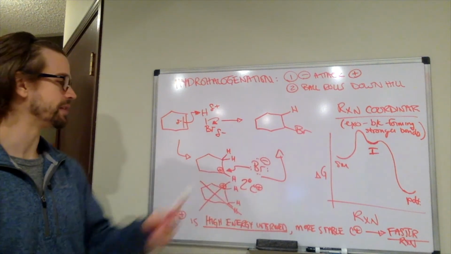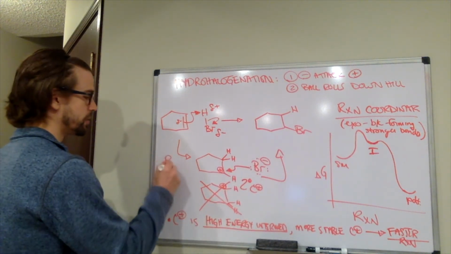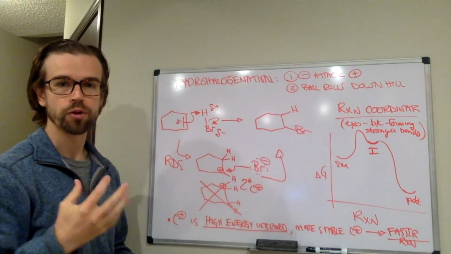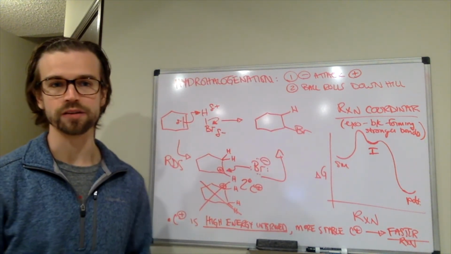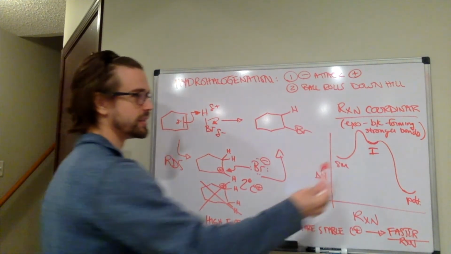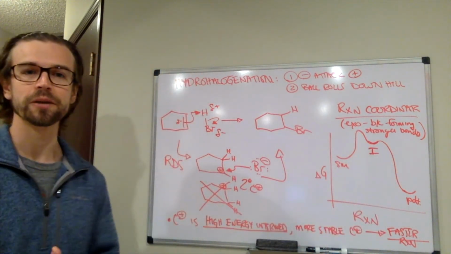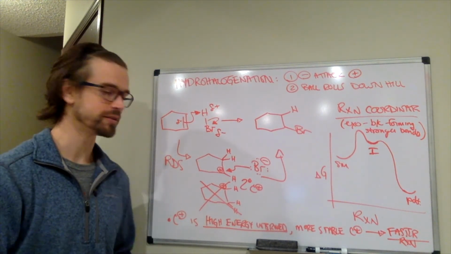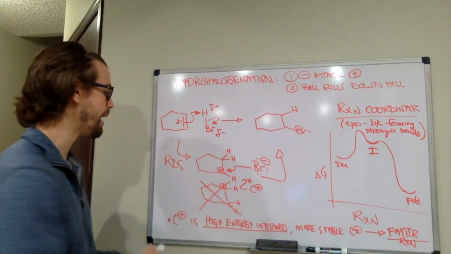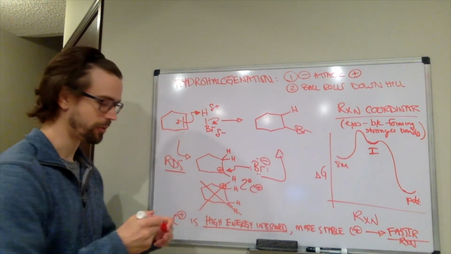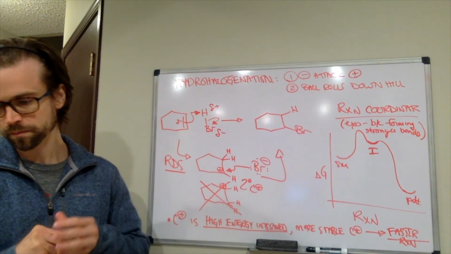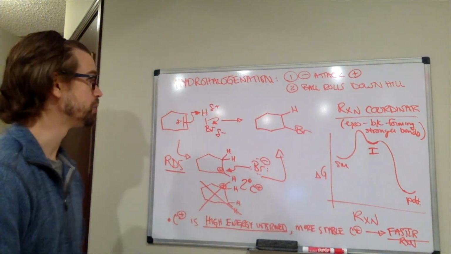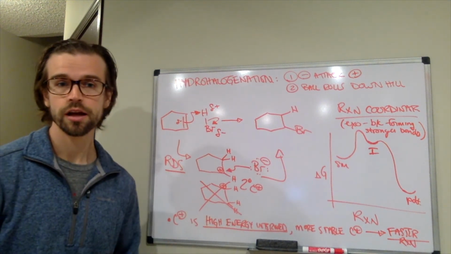What was the rate determining step here? This was the rate determining step, right? We know that it's going to be hard to break bonds and not form the same number of bonds that we broke, versus in the second step, all we're doing is forming a bond. That's going to happen fast, but when we're breaking bonds and not replacing those with other bonds, it's going to take a lot of energy. That's going to make it our rate determining step. So that's the general situation with how these hydrohalogenation addition reactions work.